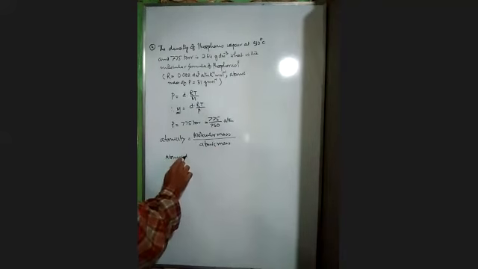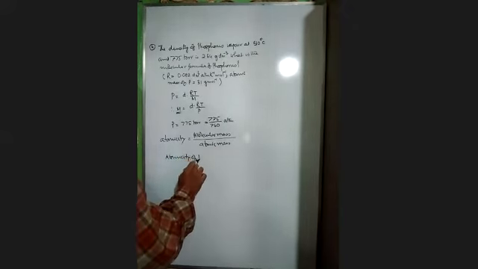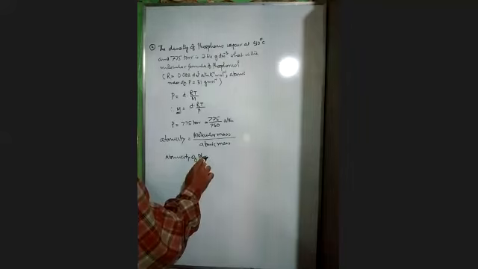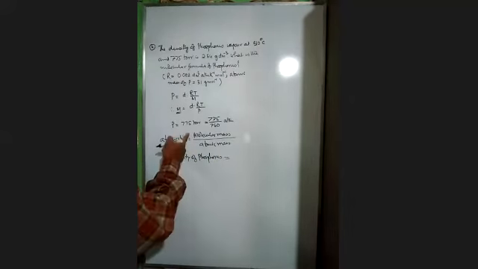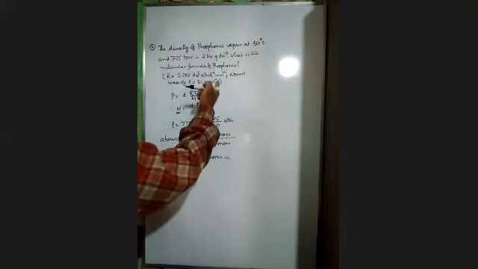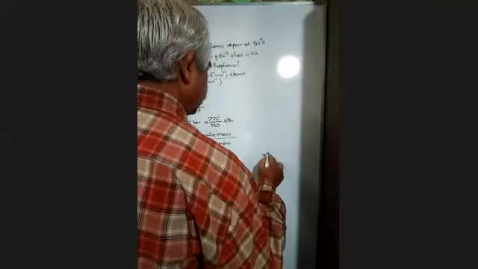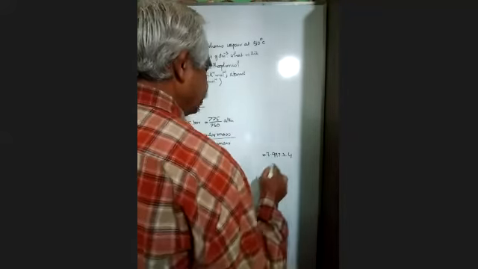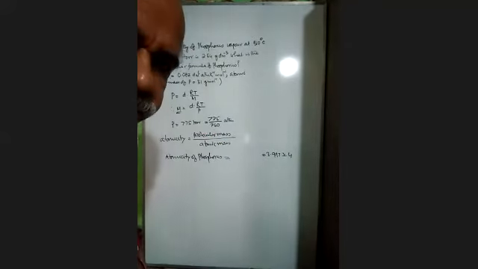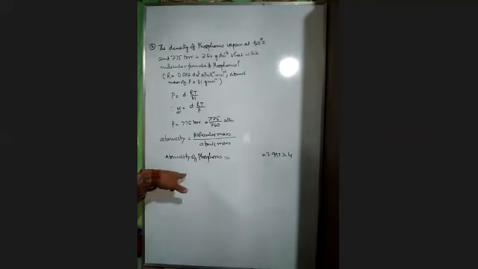So we'll write now here atomicity of phosphorus. So put this value, atomic mass is given here to find out. 3.997. So equal to what? Because atom cannot be in fraction, na? Atomicity means number of atoms.